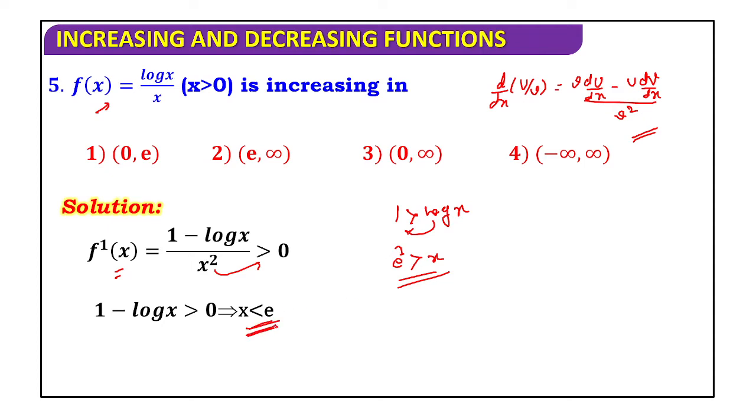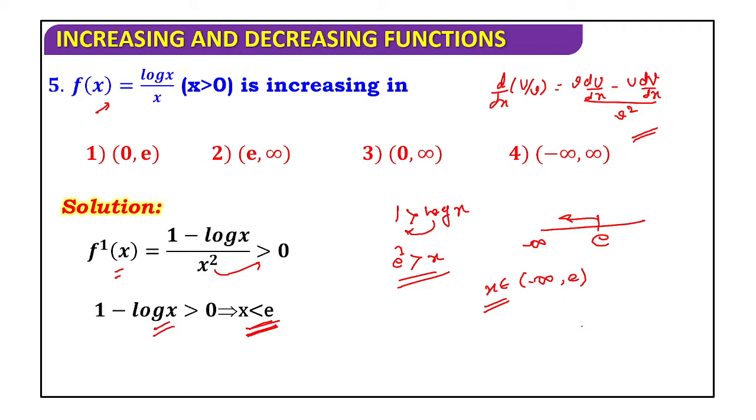If e is greater than x, then x is lesser than e, that comes to minus infinity comma e. But here you can see the log x term doesn't work for negative values.